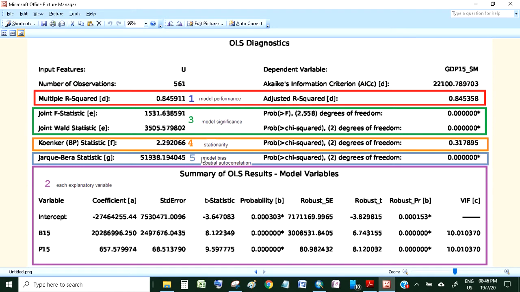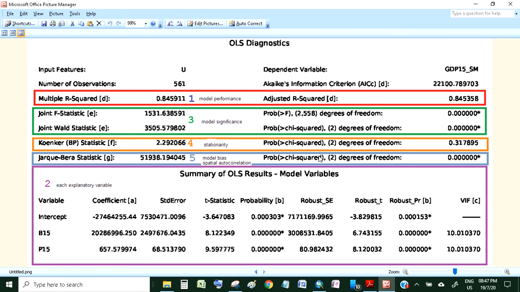Our residuals are not normally distributed, which indicates your model is a little biased.